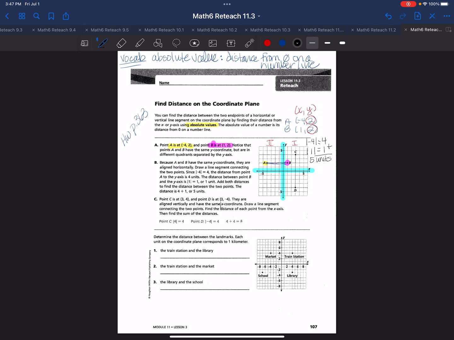So what I want you to remember is that we are going to add the absolute value of coordinates when the vertices are in different quadrants.